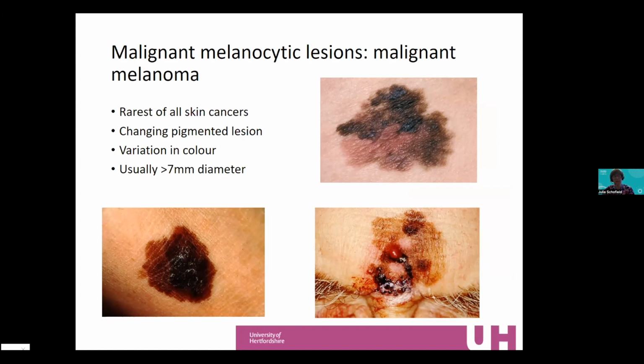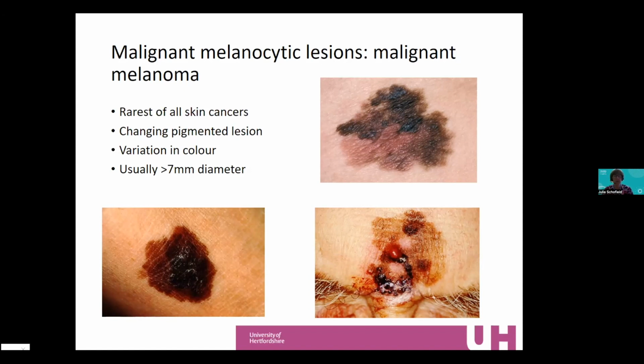And the commonest scenario is that patients present with a new pigmented melanocytic lesion, most commonly on the lower limb in women and on the back or the trunk in men. And you can see from these pictures that the classical melanoma will be variably pigmented. They're usually bigger than 7 millimeters in diameter.